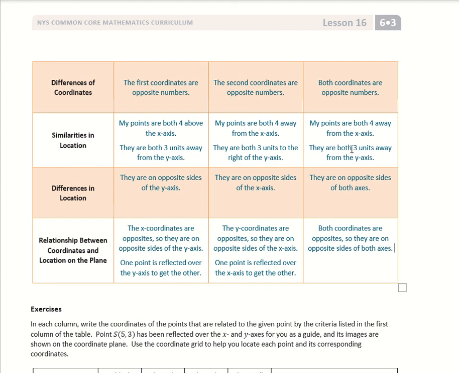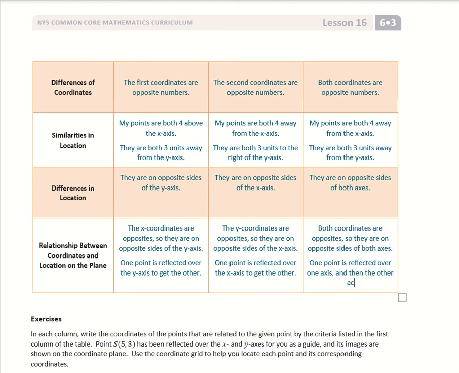Or one point is reflected over one axis and then the other axis to get the other point.